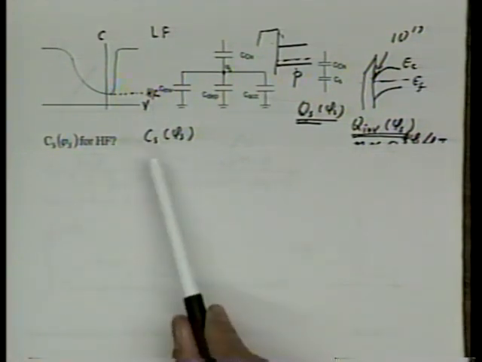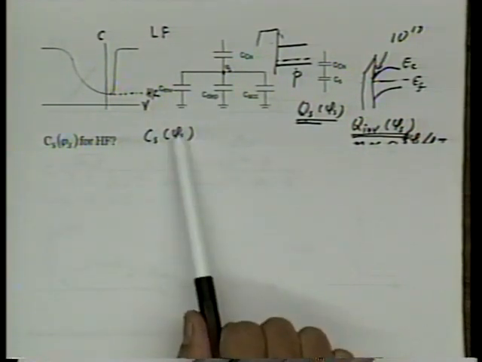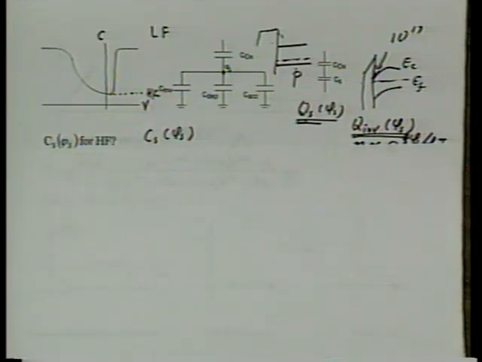All right. So last time we derived the relationship between CS and phi s at equilibrium. We have the equation. Can you imagine some simple ways of changing that expression so that it's valid for high frequency capacitance? Does this make sense?